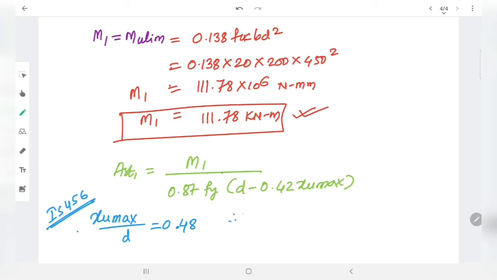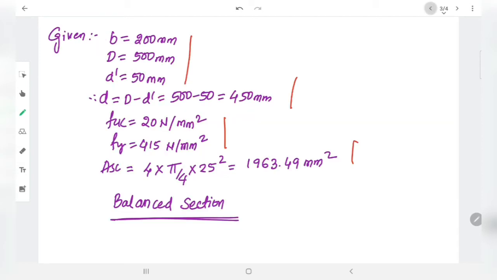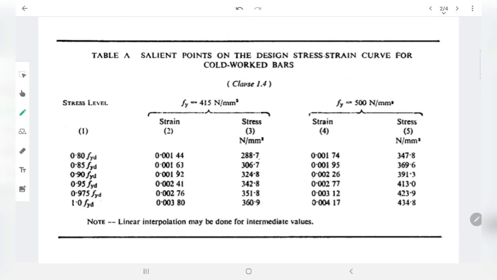Obviously, xu max is equal to 0.48 into 450, where 450 is the effective depth of the beam. So we got xu max equal to 216 mm. To get AST1 I need xu max, because I have M1 here, and we know fy, which is given in the problem itself.